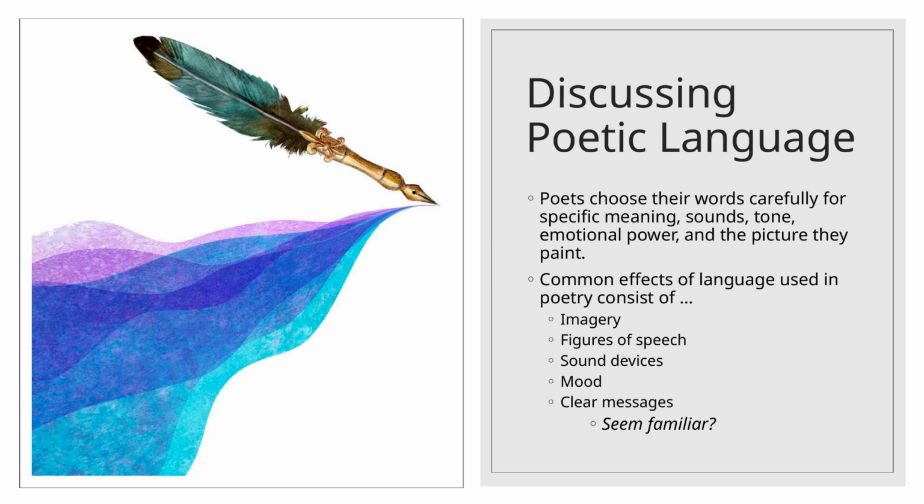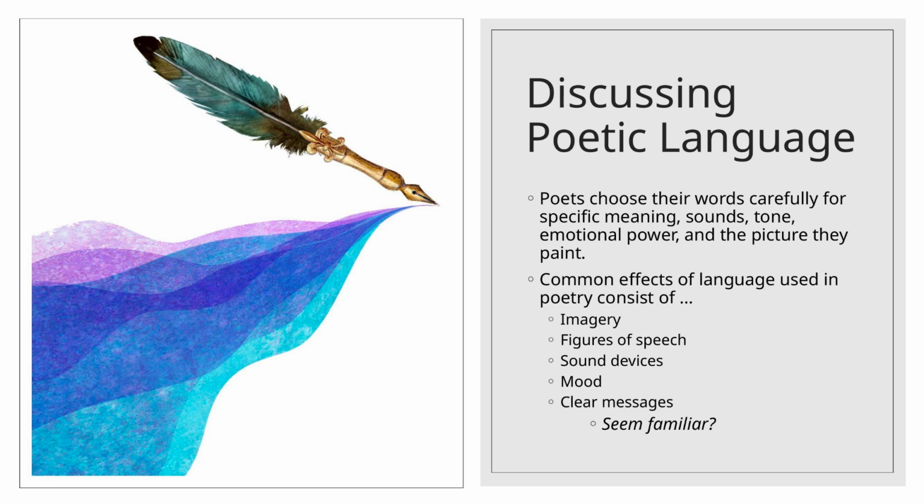You've gotten to know the poem and made a connection to it. Now you want to dive into some deeper analysis to look at the language the poet uses. Poets choose their words carefully for specific meaning, sounds, tone, emotional power, and the picture they paint. Common effects of language used in poetry consist of imagery, figures of speech, sound devices, mood, and clear messages.